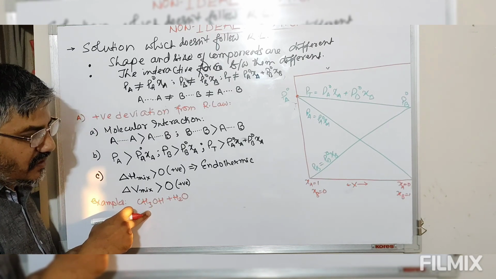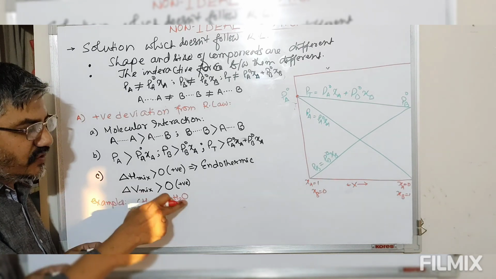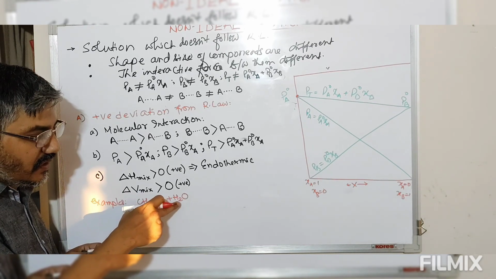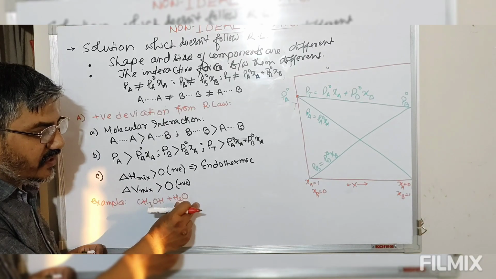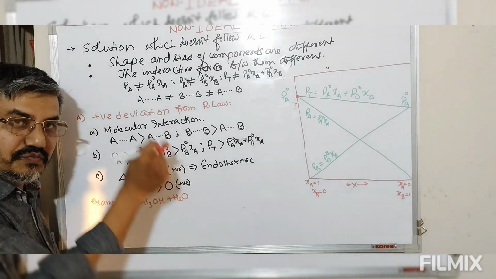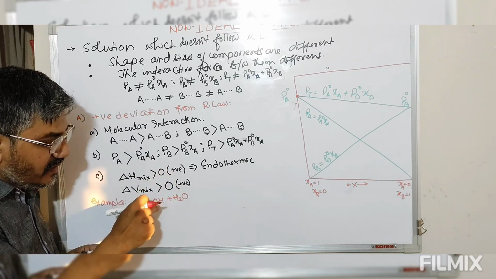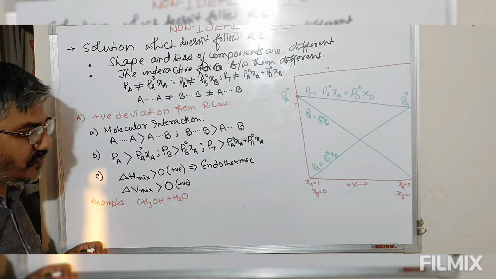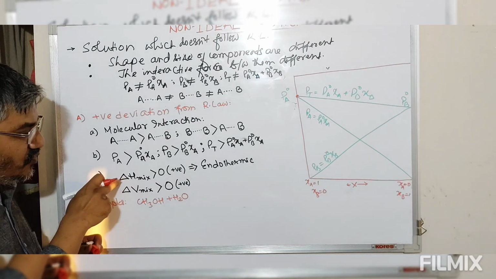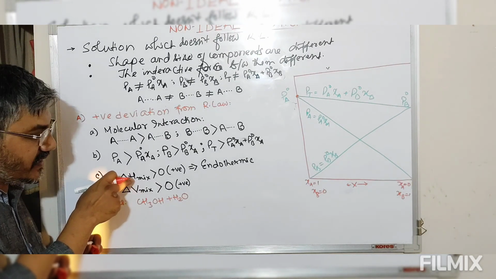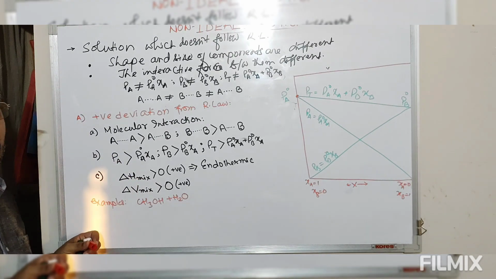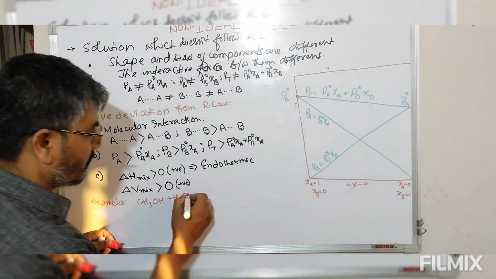That means when methanol is added to water, the stronger hydrogen bond that is present in the water should break. And to break this stronger hydrogen bond present in the water molecule, we have to provide some external energy, and as a result, because of this, enthalpy of mixing is positive.